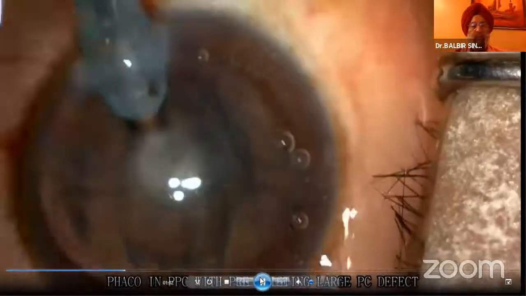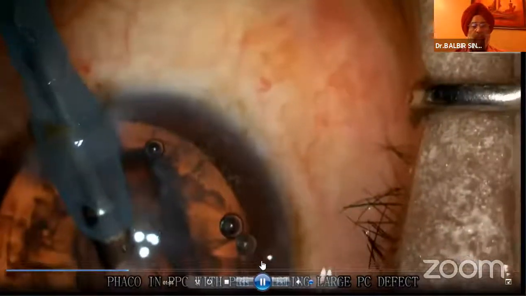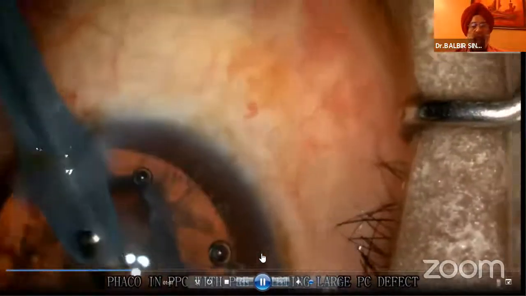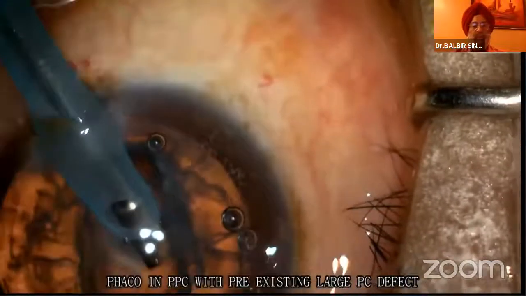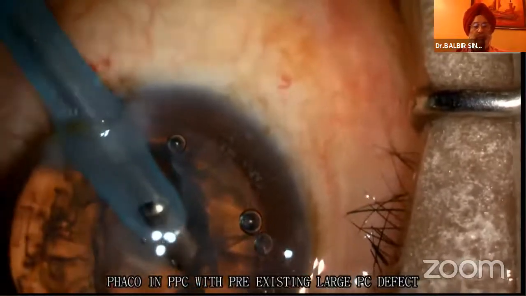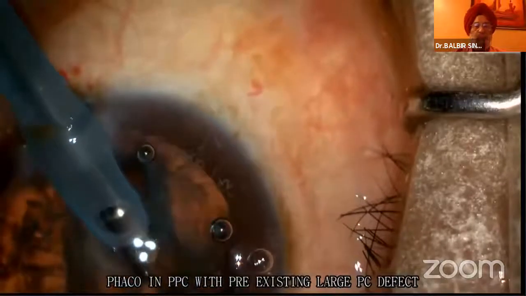To make it easy, I am creating a crater in the center. Under low parameters, I will be removing the nucleus and the cortex from outside inwards with moderate vacuum but low power.